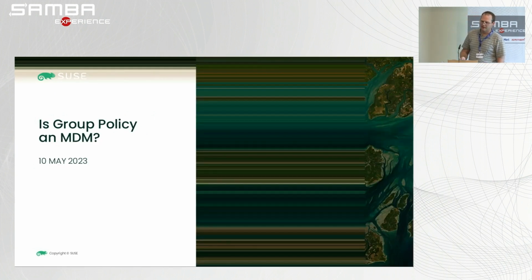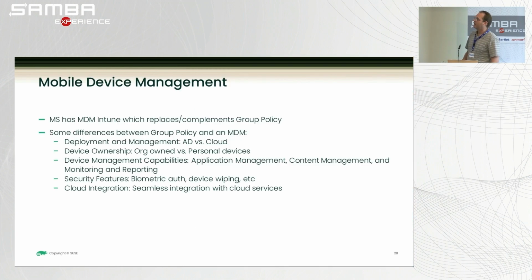So here's one big question I was talking to some people about recently. Group policy is not an MDM, sorry. It's not mobile device management. There is an MDM from Microsoft called Intune, which replaces and kind of complements group policy. There are some big differences between the two, but I've been investigating this and I'm interested in creating an open source Intune client that can deploy policies to Linux machines.